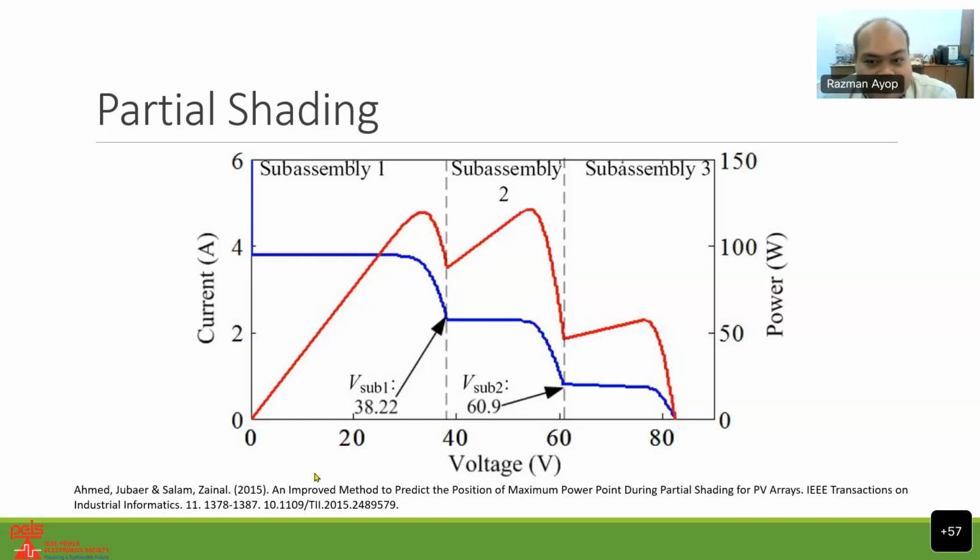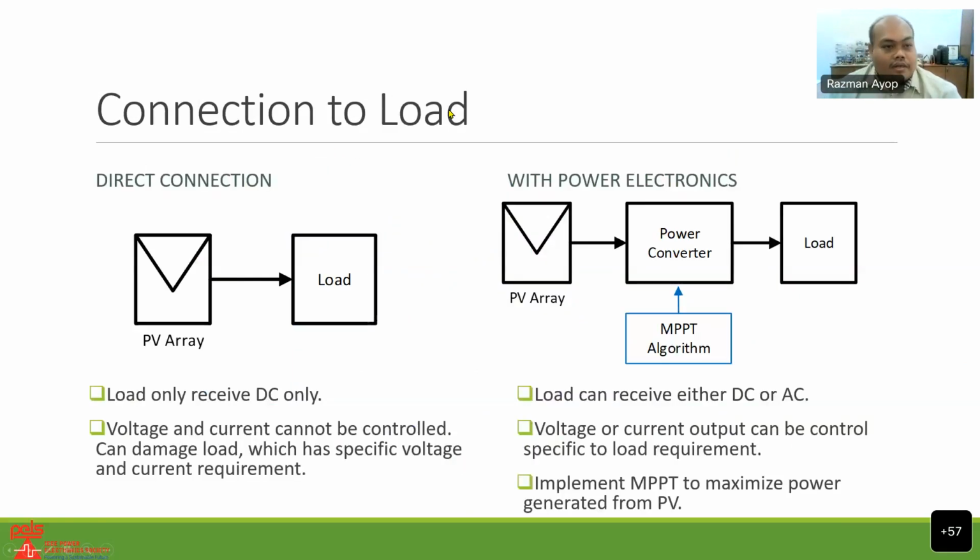I hope you understand the partial shading. Its effect is basically multiple peak power. Now, connection to the load. You have a PV array, but if you connect directly to the load, you will receive only DC, because PV arrays are usually DC. But the problem if you connect the load directly to the PV array is that the voltage and current cannot be controlled.